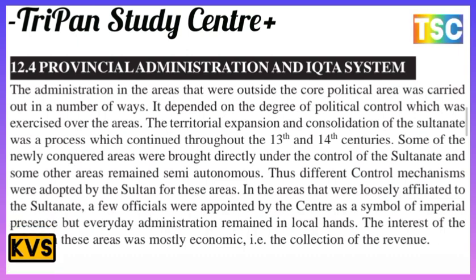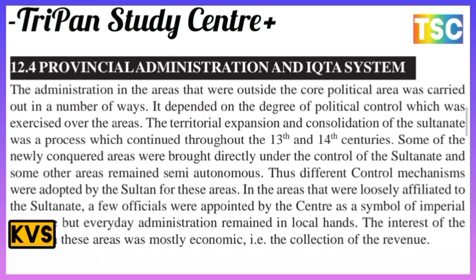Some of the newly conquered areas were brought directly under the control of the Sultanate and some other areas remained semi-autonomous. Thus, different control mechanisms were adopted by the Sultan for these areas, and the areas that were closely affiliated to the Sultanate.